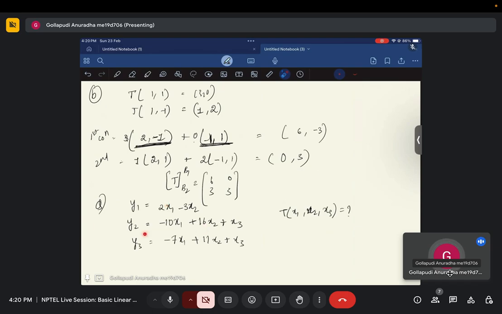So this is a transformation you have. First of all, find the transformation matrix, and also find the inverse transformation.